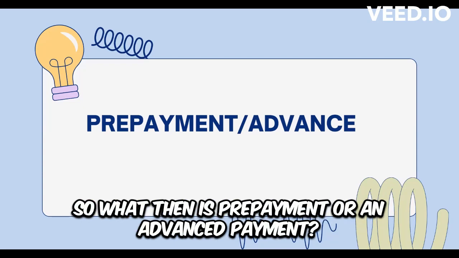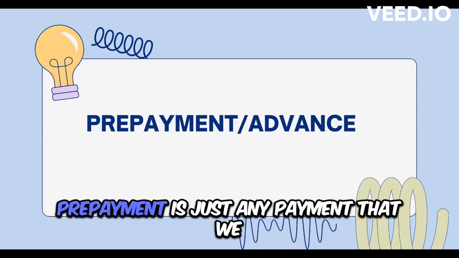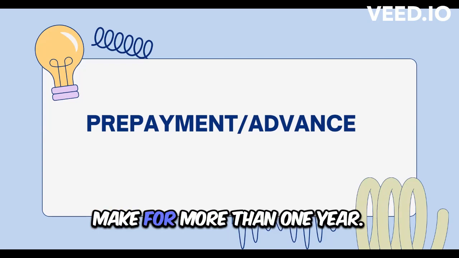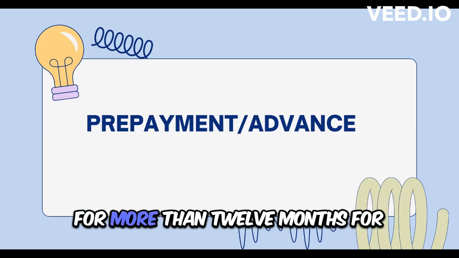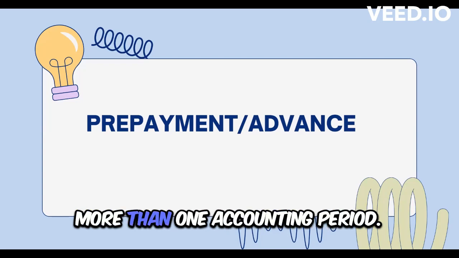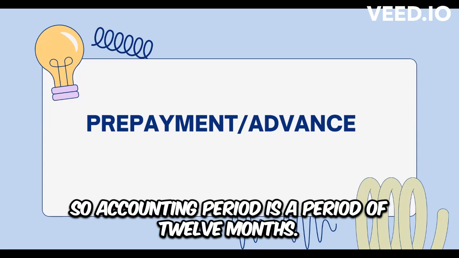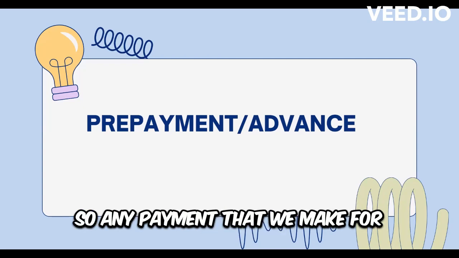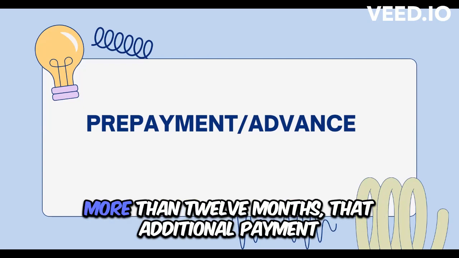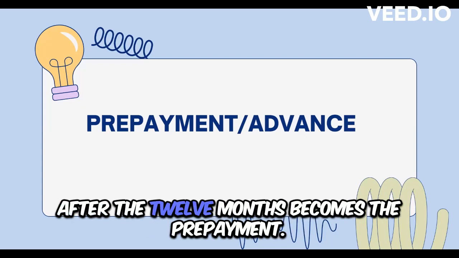So what then is prepayment or an advance payment? Prepayment is just any payment that we make for more than 1 year, for more than 12 months, for more than one accounting period. So accounting period is a period of 12 months. So any payment that we make for more than 12 months, that additional payment after the 12 months becomes the prepayment.